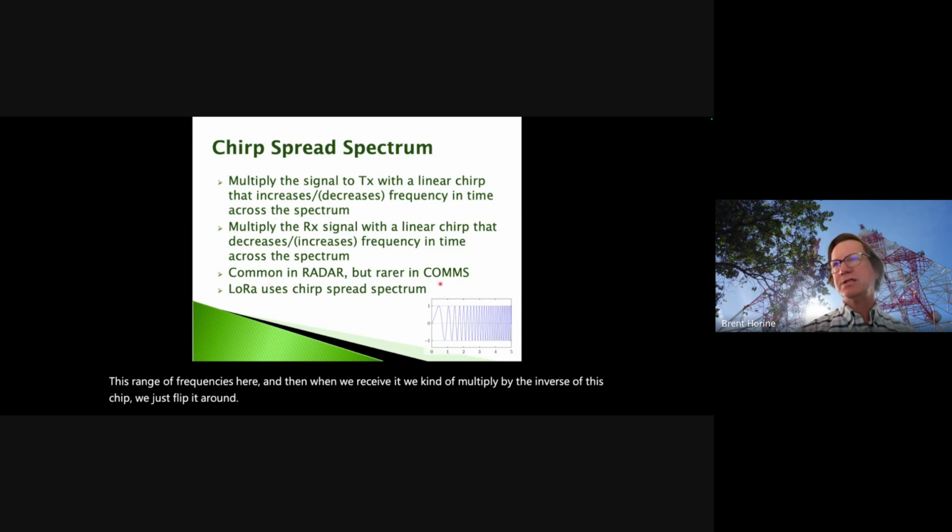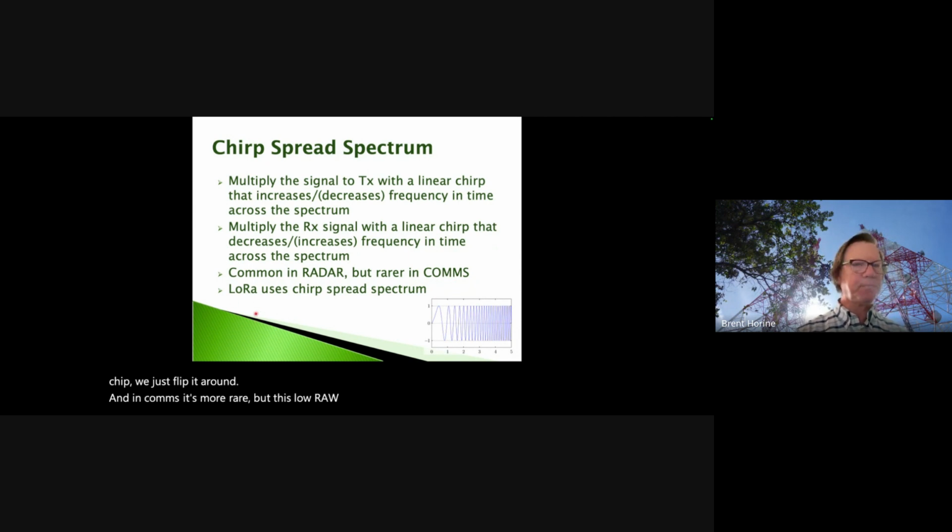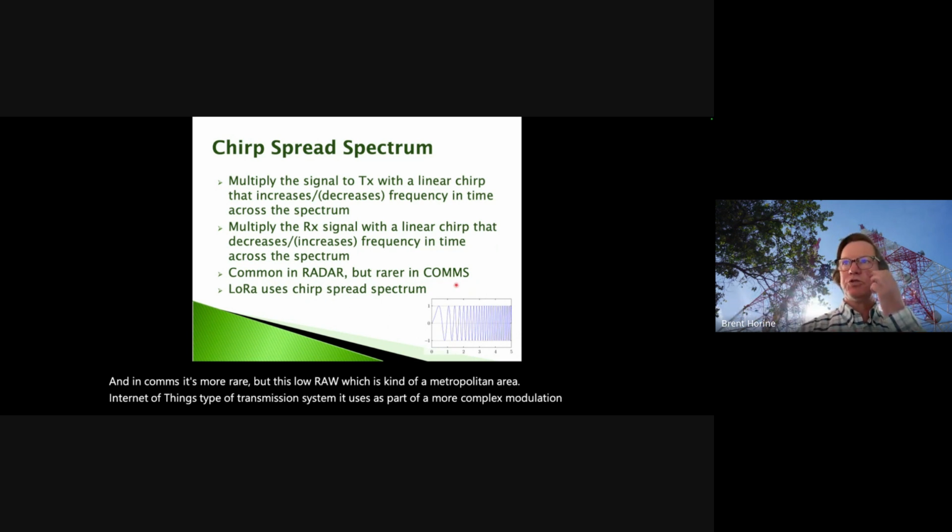In comms it's more rare, but LoRa, which is a metropolitan area Internet of Things type of transmission system, uses chirp spread spectrum as part of a more complex modulation scheme.